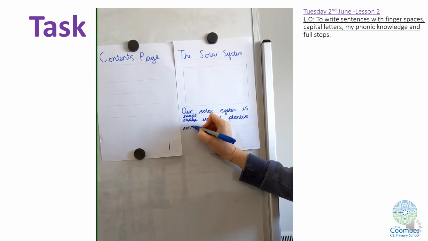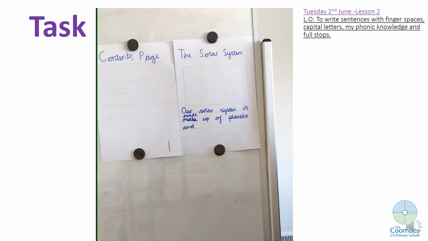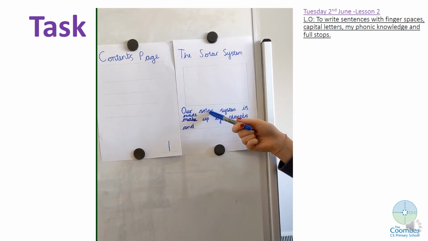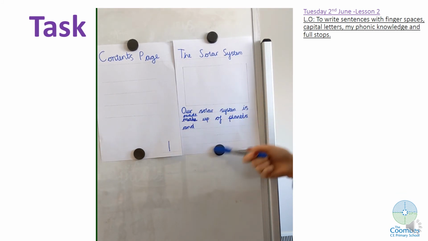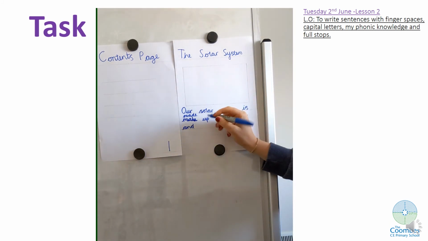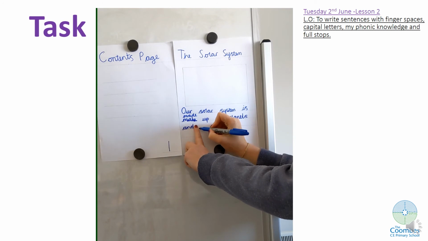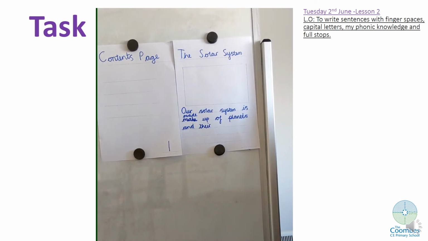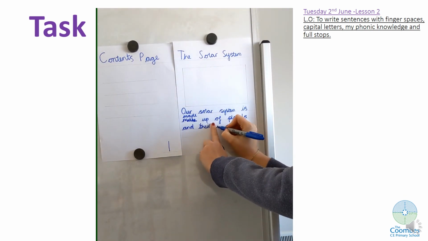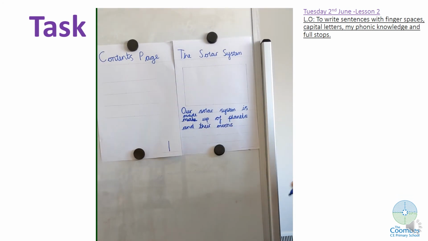And, let's read back what we've done so far. Our solar system is made up of planets and their moons. Okay, so there. And then we can all Fred talk the word moons. Let's make that T look bigger. Moons. Our solar system is made up of planets and their moons.